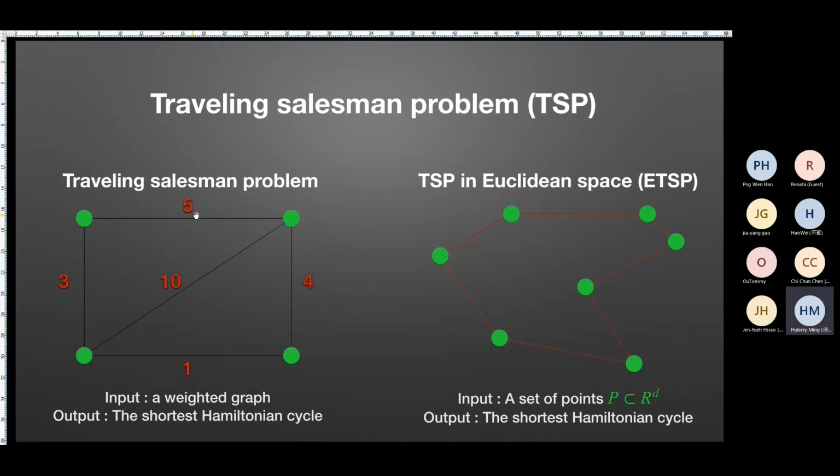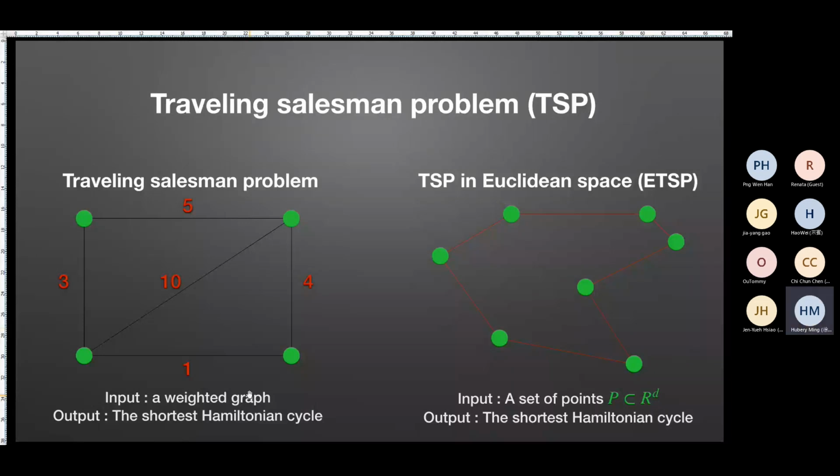Furthermore, there are weights on these edges, and the target of the traveling salesman problem is to find the shortest Hamiltonian cycle. That is to say, we have to find a cycle that visits each point of the given graph with the shortest path.